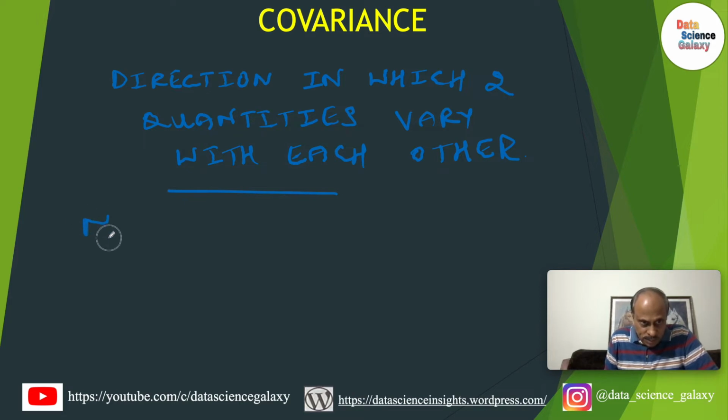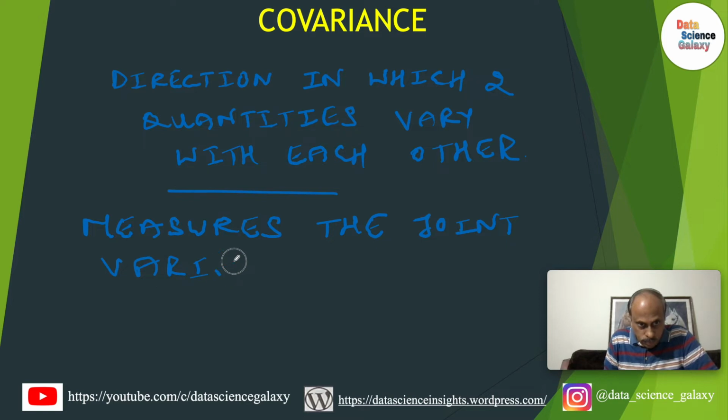Covariance actually measures, let's add that as another point because it's important, the joint variation or the joint dispersion of two variables.